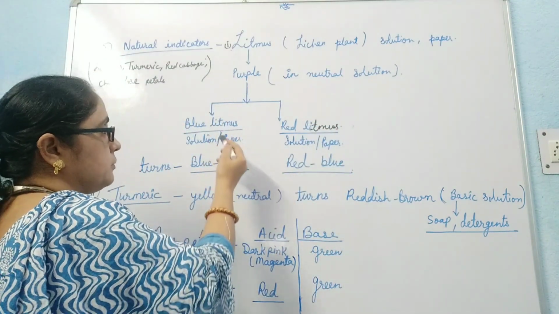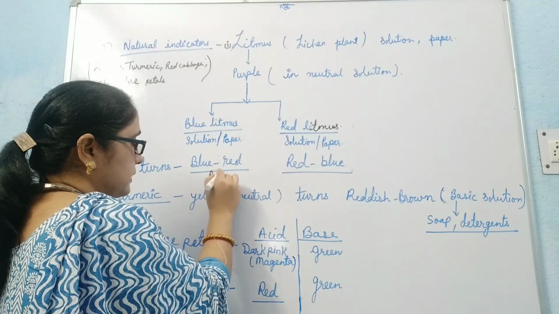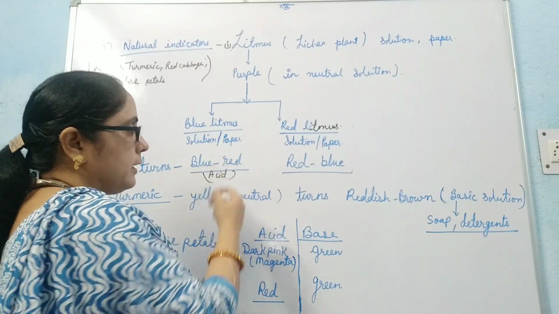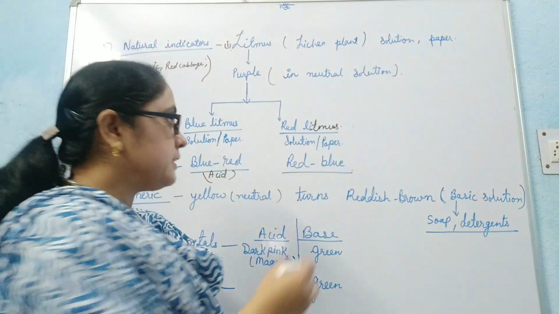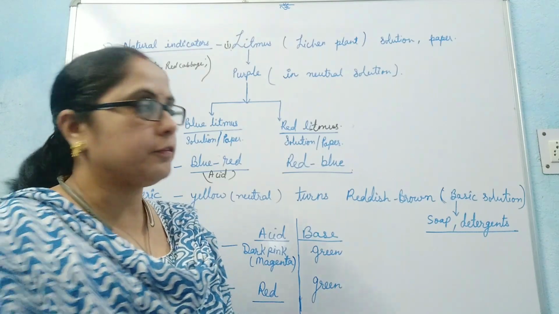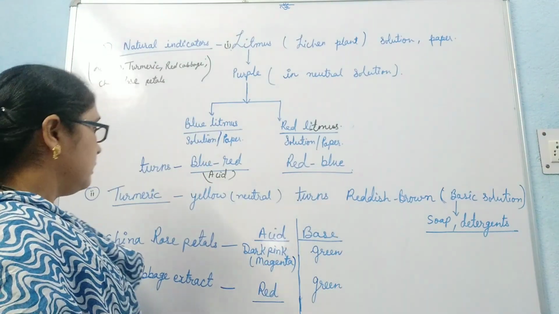We use the blue litmus. When the solution is acidic, it changes the color from blue to red. In a basic solution, red litmus paper changes its color from red to blue.